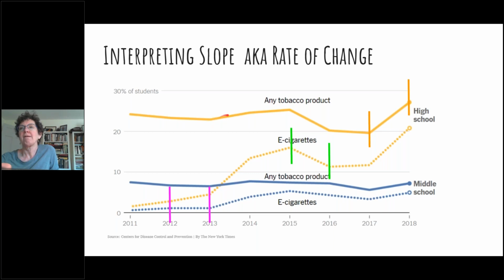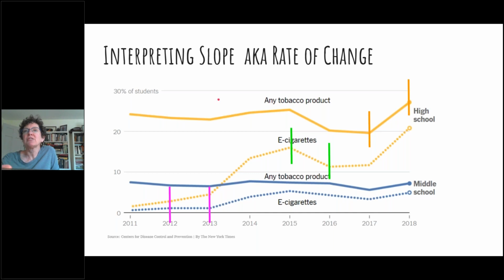Right. Okay. So what's happening between these two orange lines on this high school, any tobacco product? The slope is going up. That's an increase in slope, and that would be a positive rate of change. We also say it's a steeper rate of change, or a higher rate of change. It went up by 10%. Yeah.